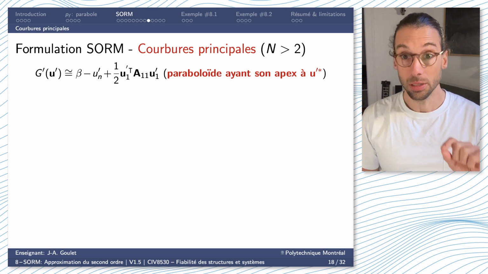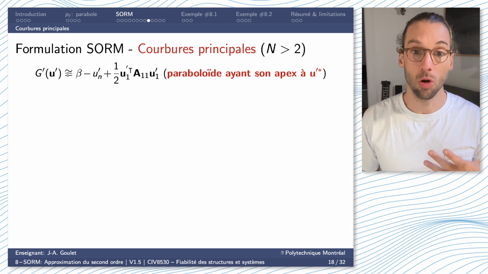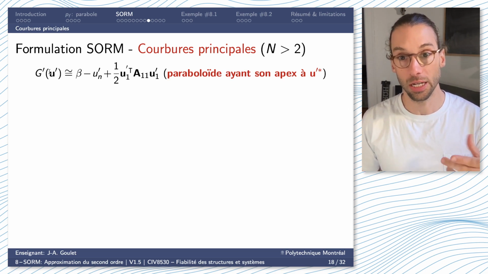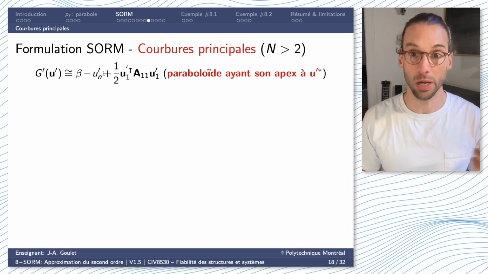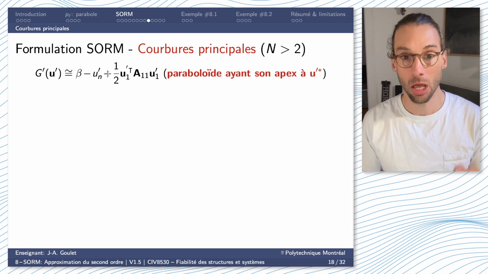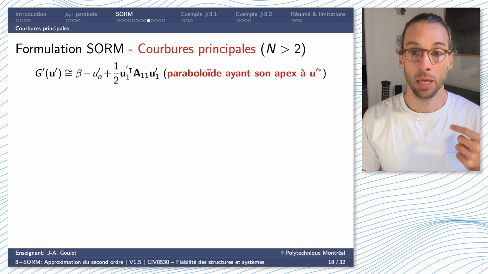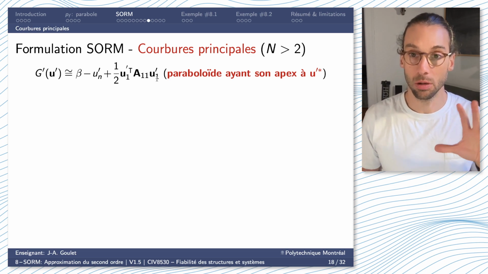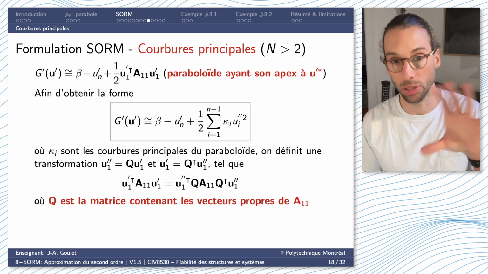There's some specific additional step we need to do. For instance, our limit state function in that rotated space U prime is going to be equal to beta minus UN prime with respect to the last dimension plus 1/2 U1 prime transpose A11 U1 prime. So this is our parabola centered at U prime in the rotated space.